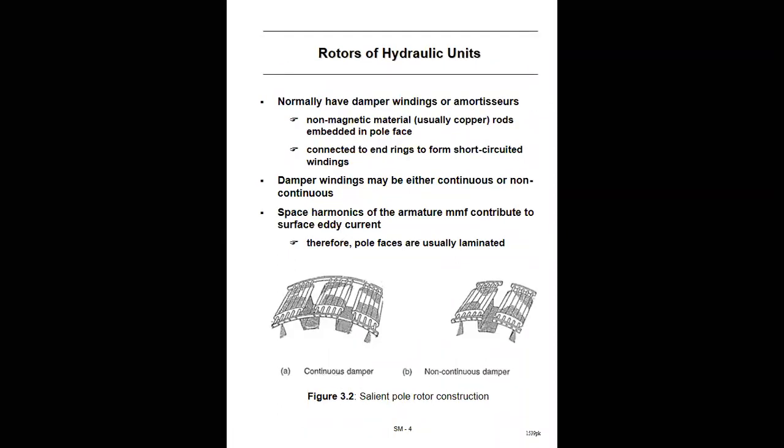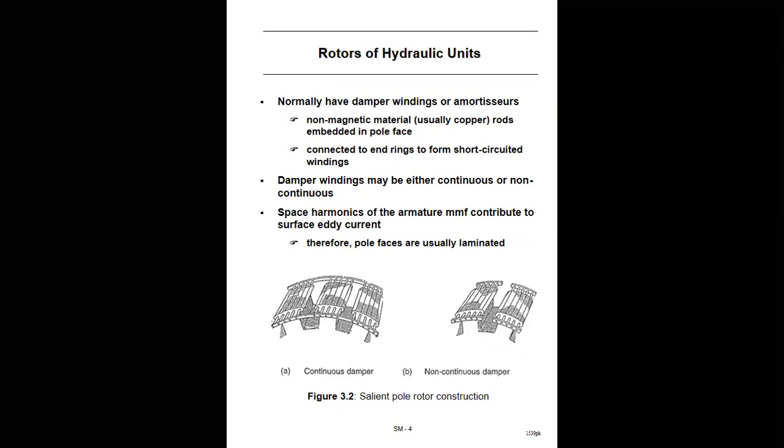As far as hydraulic units are concerned, the rotors used in hydraulic units are of the projected type, especially for low speed applications. Non-magnetic material rods are embedded in the pole faces. This is the damper winding, connected to end rings to form a short-circuited winding. Damper windings may be either continuous or non-continuous.